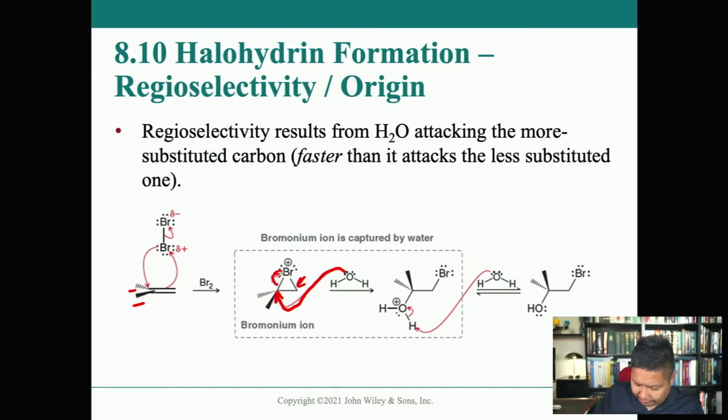And then we get our normal water coming over, taking off the proton to reveal our alcohol, and we have our regioselective product, where the bromine gets added on the side that is least substituted, and the water will be added to the side that's most substituted.